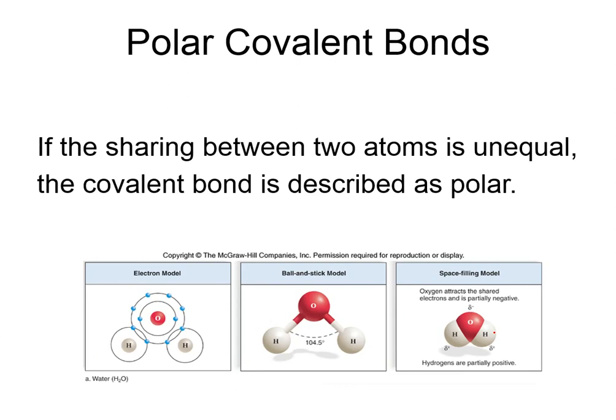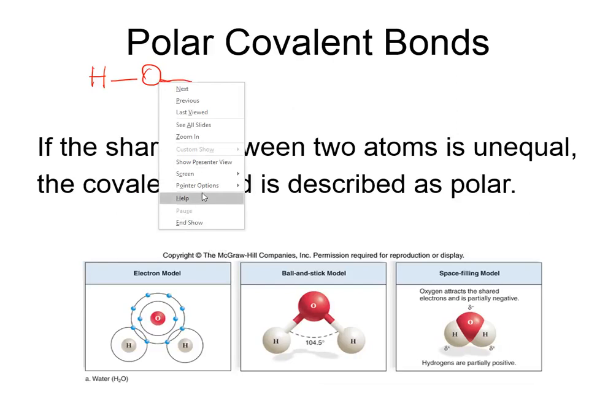Now, what about polar covalent bond? In a polar covalent bond, if the sharing between two atoms is unequal, the covalent bond is described as polar. So let's take an example. Let me draw it in a good way.